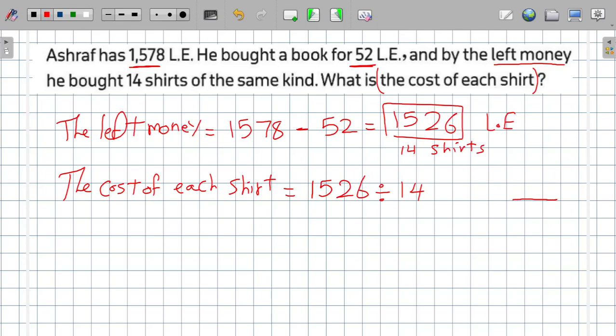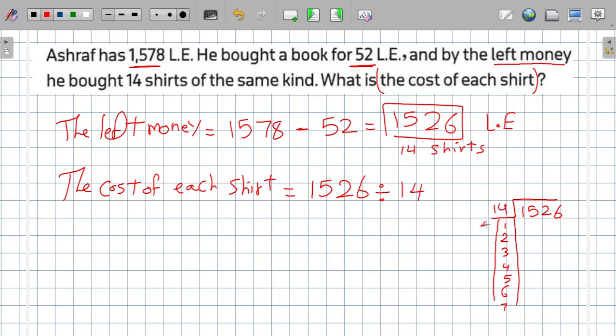So let's remember the long division. I will write the timetable of 14 first to use it in the division operation. So I have 1, 2, 3, 4, 5, 6, and 7.